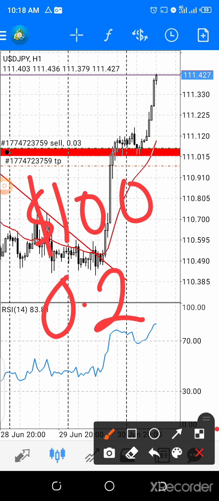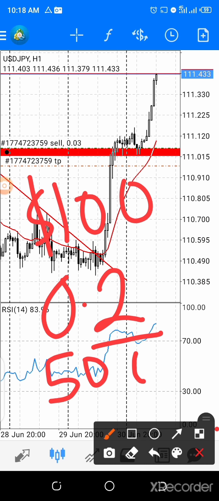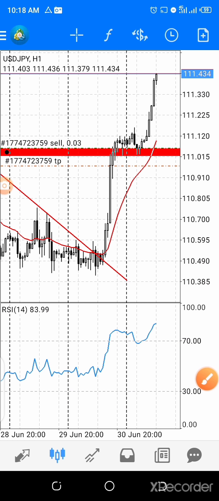What do you think would have happened? This is $2 per pip, for example, and then you need just 50 pips to be out of the market completely, to burn your fingers. And that's risky.